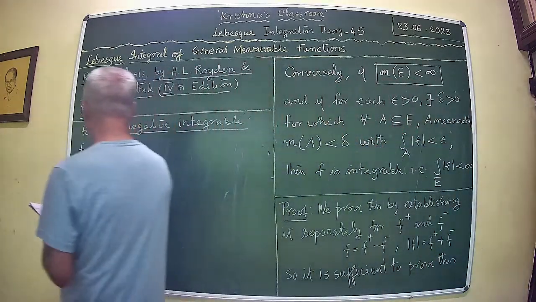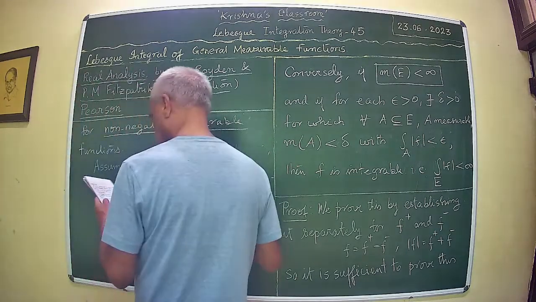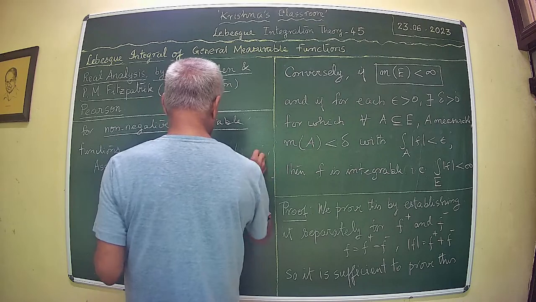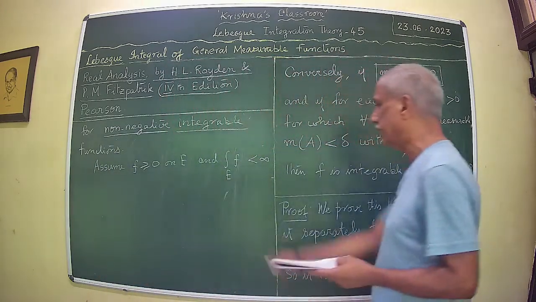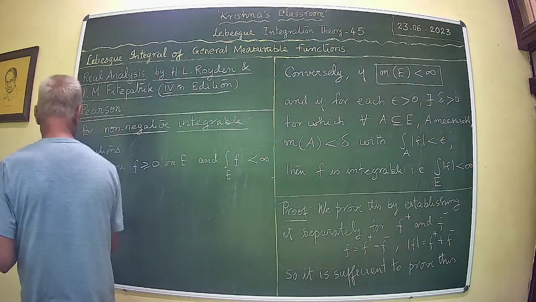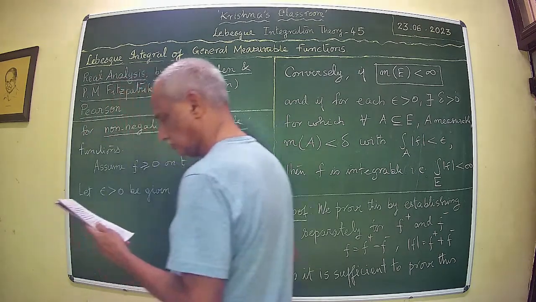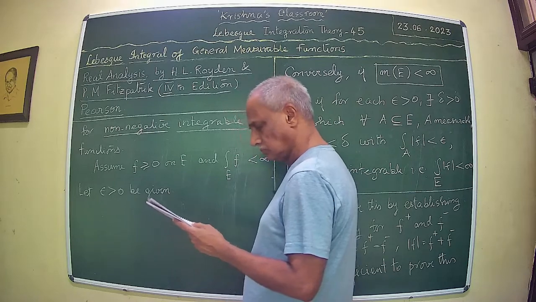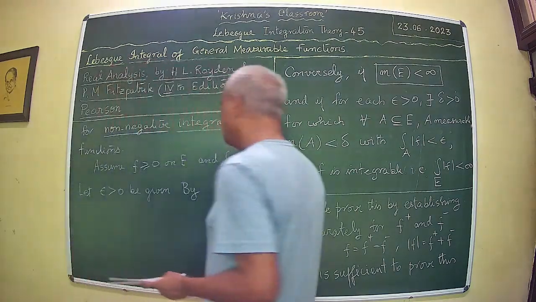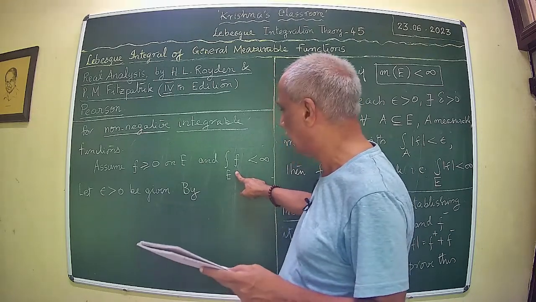So assume F is non-negative and integrable. We don't need the modulus here because we are taking non-negative functions. Let epsilon positive be given. Now, we have to approximate these functions by a measurable bounded function as closely as we can.